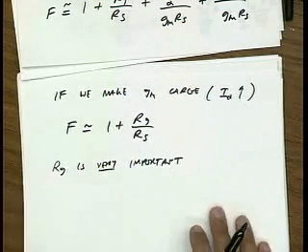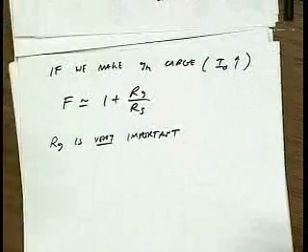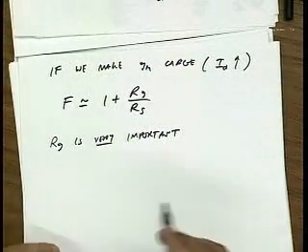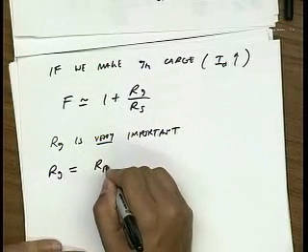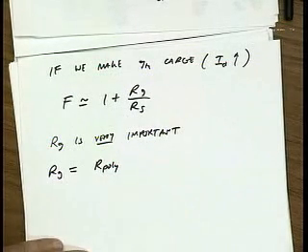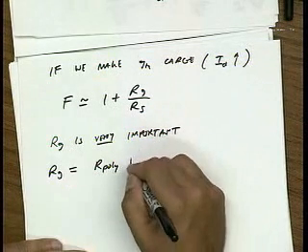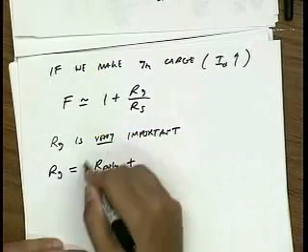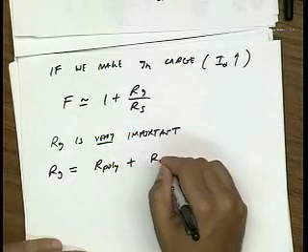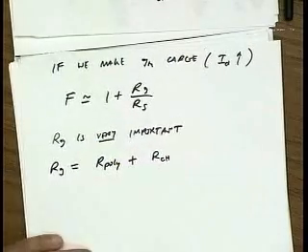Okay? So let's just calculate Rg for a couple of simple cases. Rg, remember, has two components. It has the resistance of the polysilicon material, which is just the physical gate resistance, plus some channel-induced component, right?